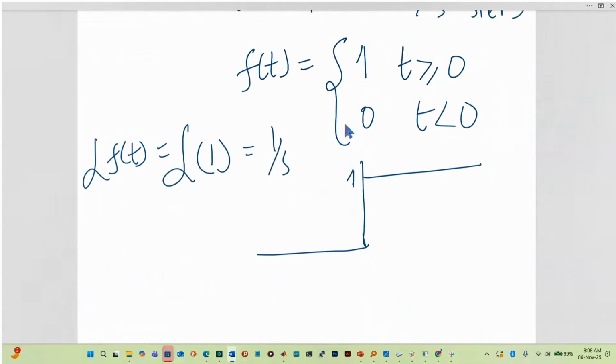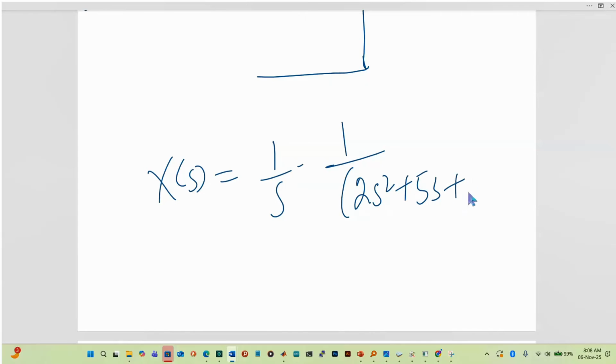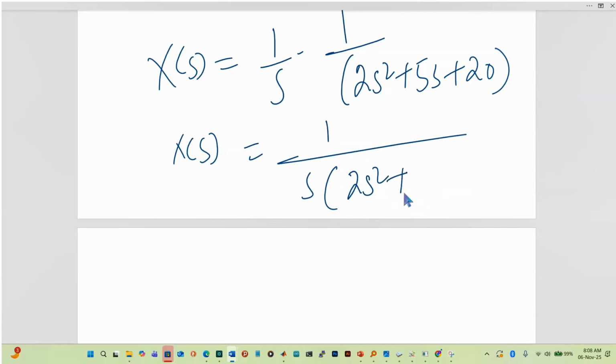When we bring it in here, X(s) becomes 1 over s times G(s), which is 1 over 2s squared plus 5s plus 20. So our X(s) becomes 1 over s into 2s squared plus 5s plus 20.